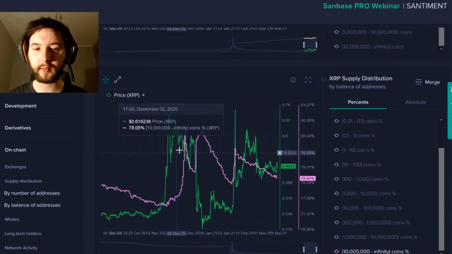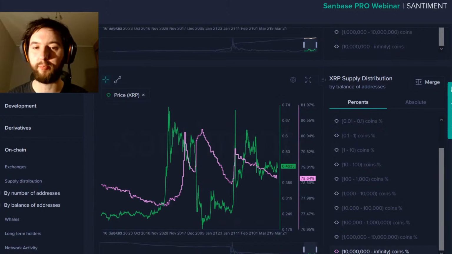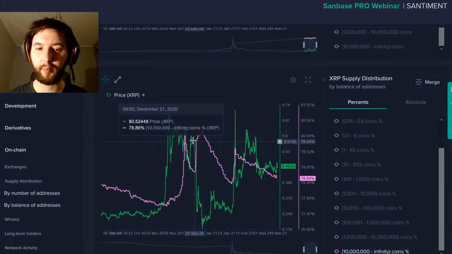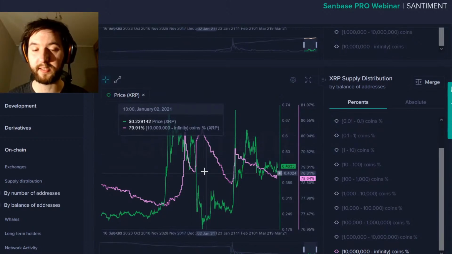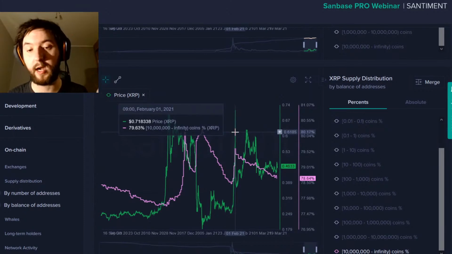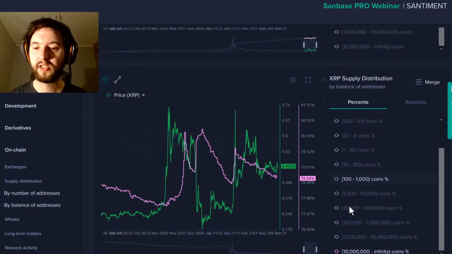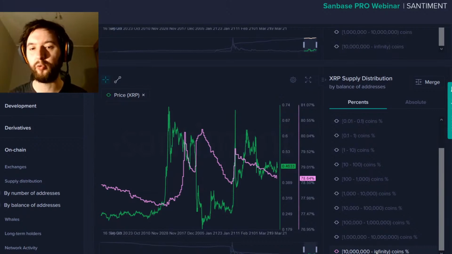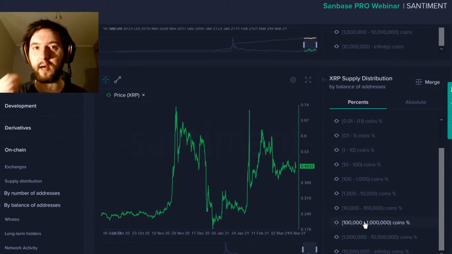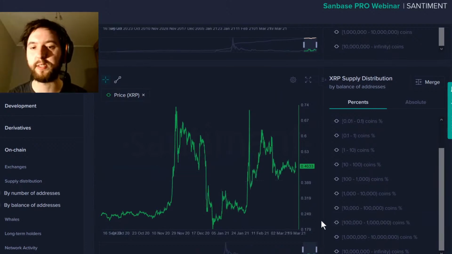You can see a spike in this biggest group of holders, both here during this period of correction, and then here a lot of sell-offs at the local bottom, and then another spike in the 10 million and above group right here at the large peak in XRP's price action, right? So this particular group is usually dedicated largely to exchange wallets, whereas the previous several groups are mostly going to be large addresses, generally individual addresses, private owners, and so forth.